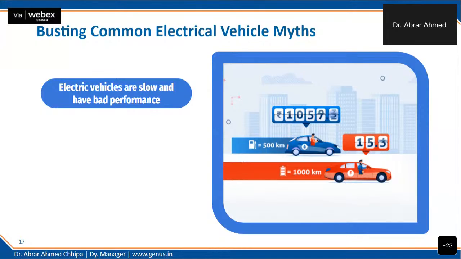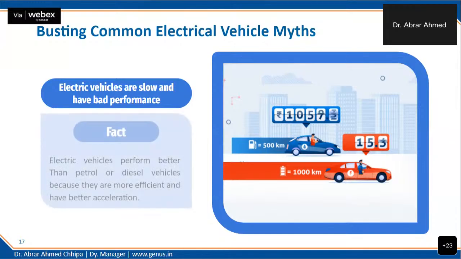I have personally driven a four-wheeler electric vehicle, the Tata Nexon. When you accelerate in sports mode, you feel like you are sitting in a jet. You are just dragged behind the seat. So I cannot say that electric vehicles are slow or have any bad performance.